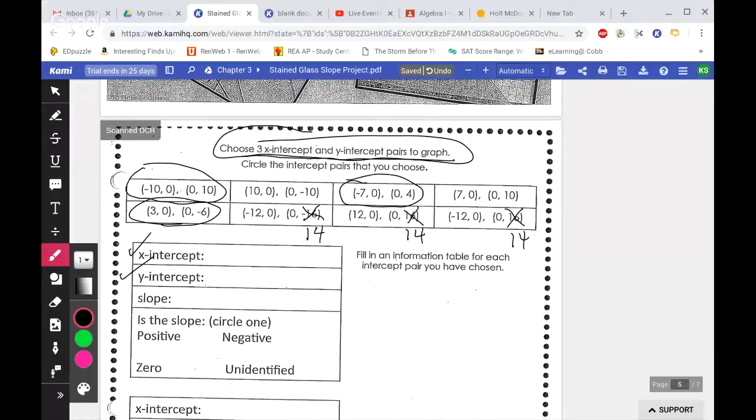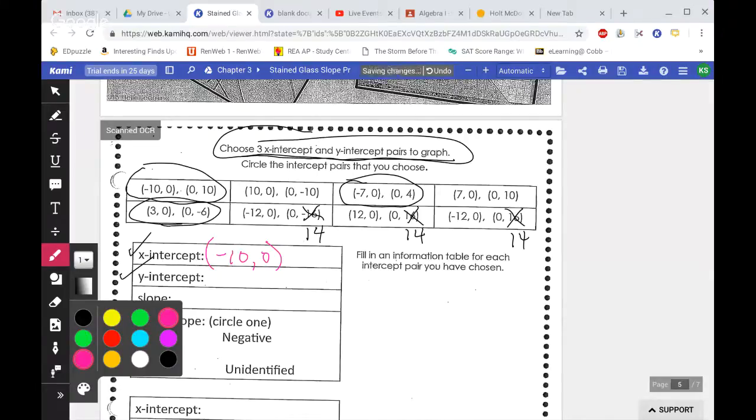So I'm going to start with number 1. The first one is the x-intercept because the y-coordinate is 0. So I'm going to do it in pink. You don't have to do that on yours, but just to make it a little more exciting, I'm going to do that.